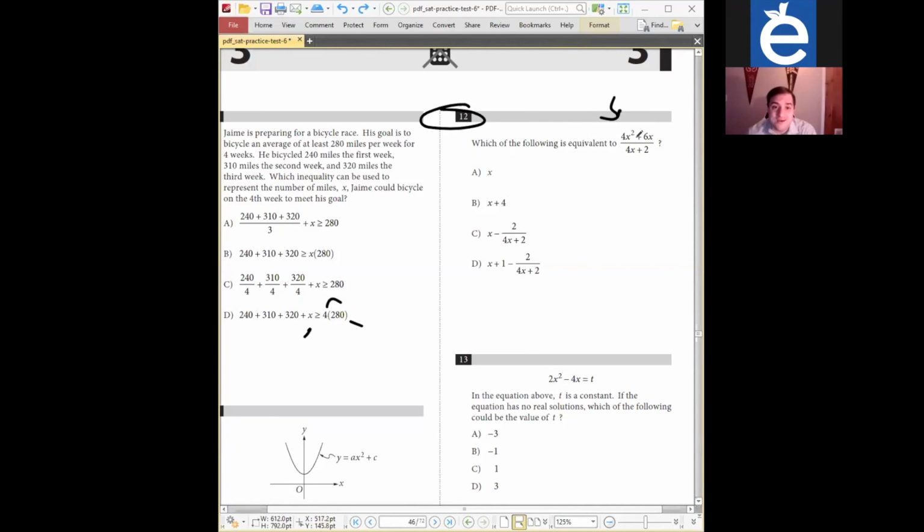So let me show you that in motion. Let's say x is 2. So 4 times 2 squared would be 16, plus 6 times 2, divided by 8 plus 2. Great.